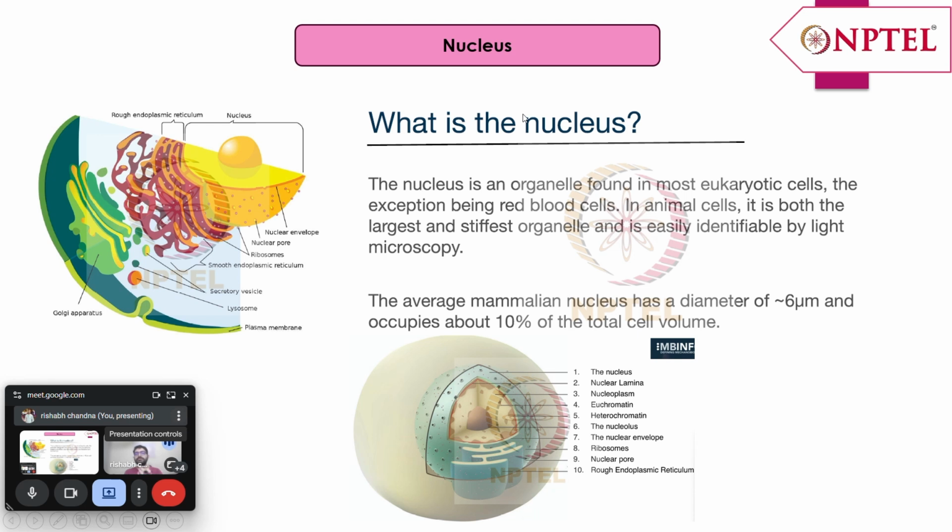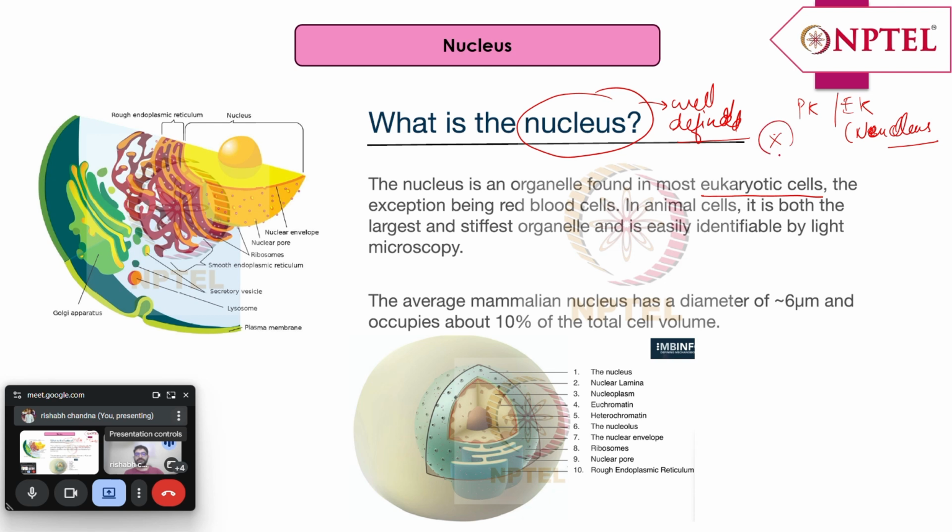So, giving a brief introduction about the nucleus, it is basically a well defined structure that is present mostly in the eukaryotic cells. As we remember, the basic differentiation between the prokaryotic and the eukaryotic cells is the presence of the nucleus, because in the prokaryotic cells there is no nucleus present.